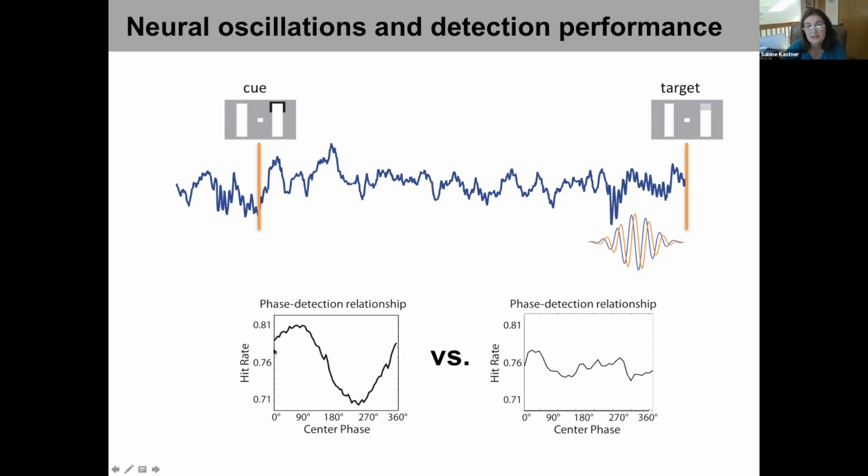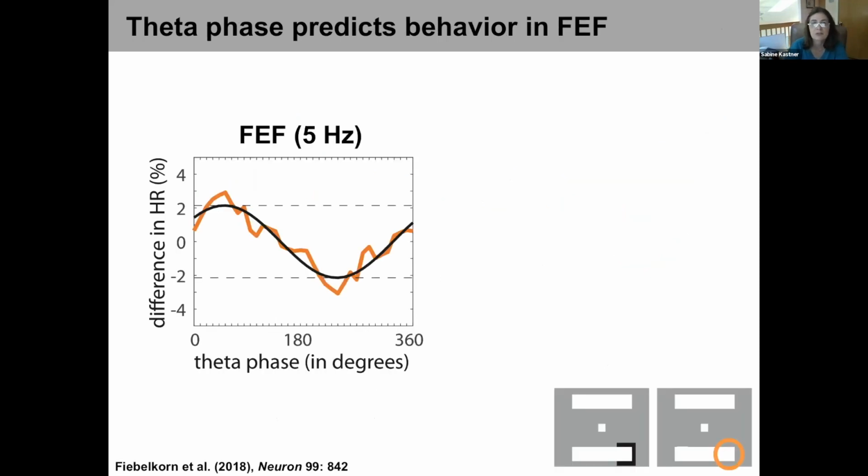What we expected, this is again the hit rate, and this is the phase of our peak theta oscillation in these regions, is a relationship like that with a peak and a trough, with a good phase with better performance, or a poor phase with poor performance, instead of something like that that's flat and not predictive of behavior. And we looked at that in the local field potential, which is similar to the field potential that I showed you, but is more localized than in the human brain and fed by fewer neurons.